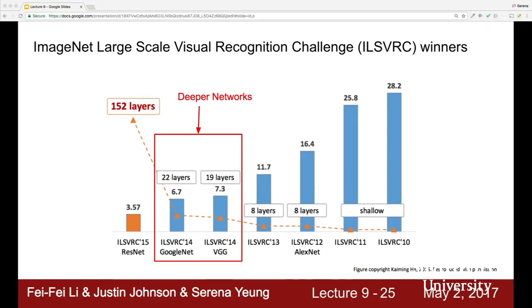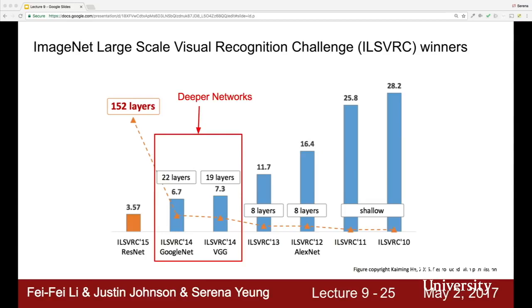In 2014, there were a couple of architectures that were significantly different and made another jump in performance. The main difference with these networks, first of all, was much deeper networks.